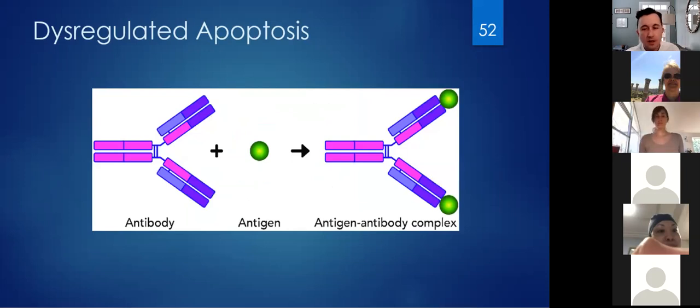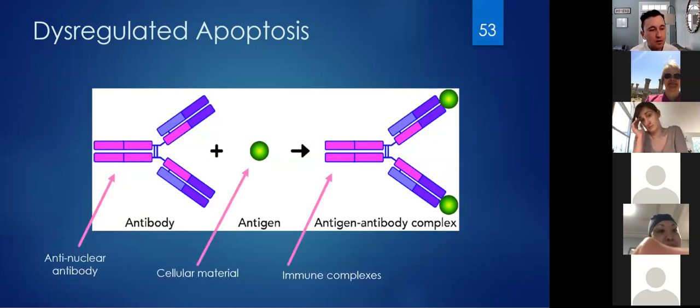Now the complement system, not only does it help promote the phagocytosis, it also is really important in clearing immune complexes, okay? So remember, immune complexes are made up of an antigen and an antibody. And this is usually cleared out of our system through the complement system. Now, in lupus, the antibody most commonly is this anti-nuclear antibody.